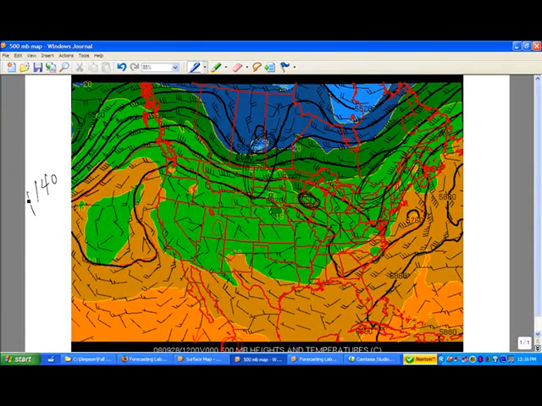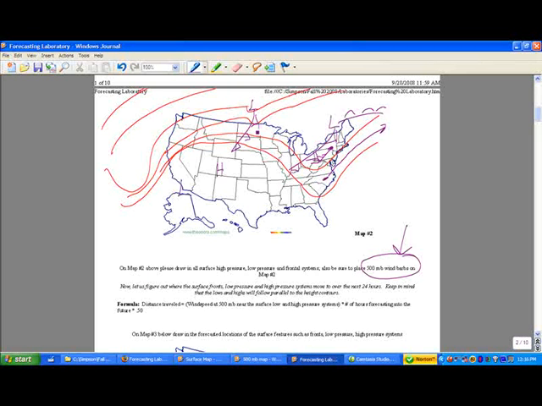Take 140 divided by 3, and that is roughly, let's do the math over here, 140 divided by 3. About 46 miles an hour. We'll just round it off to 45. So I go back here and I say my average wind speed here is about 45.